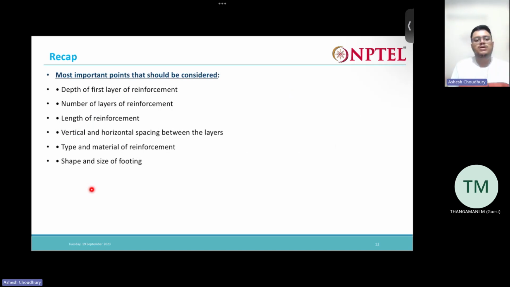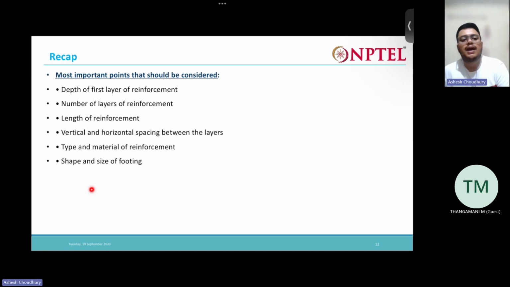What are the most important points a designer should keep in mind while designing reinforcement for a foundation? The depth of the first layer of reinforcement beneath the foundation is crucial. Then the total number of layers of reinforcement: it is up to the designer to optimize the number of layers to get optimum increment in bearing capacity.